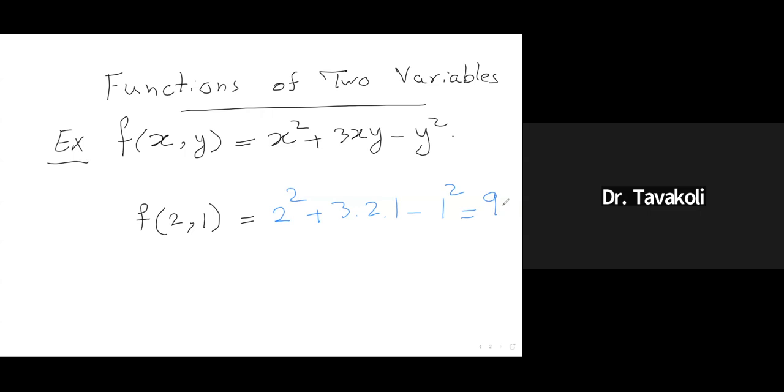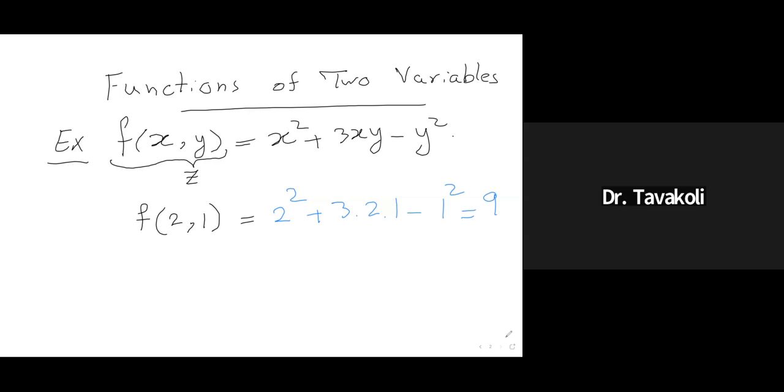Another way to look at this function of two variables is, instead of f of x and y, I use a letter z. That's very common to show in this way. So z equals x squared plus 3xy minus y squared is a function of two variables.